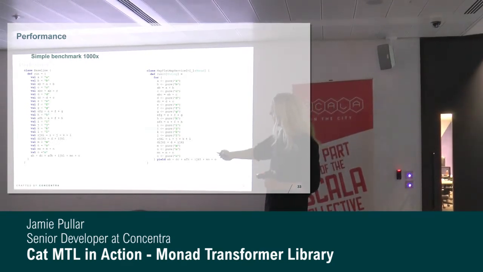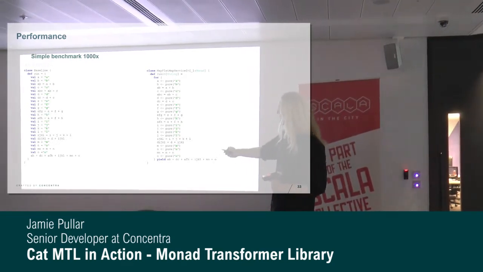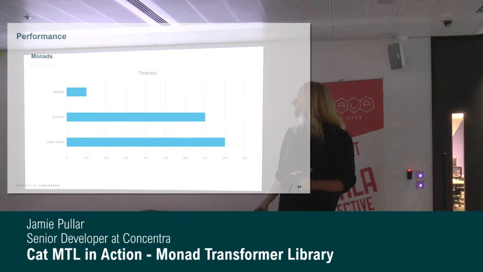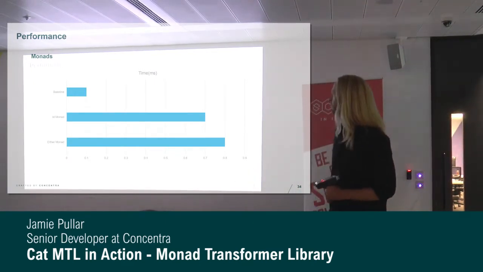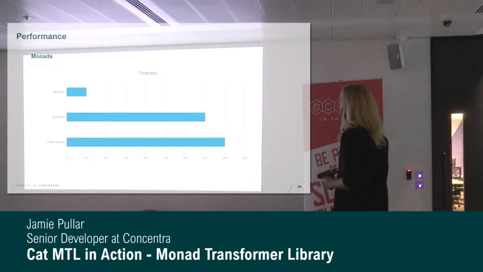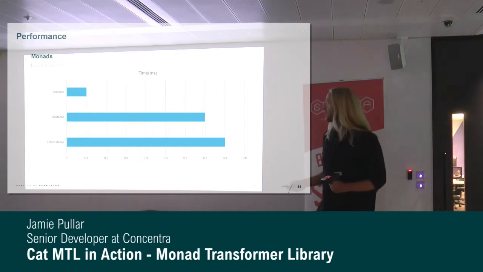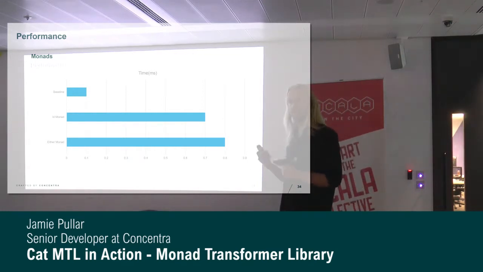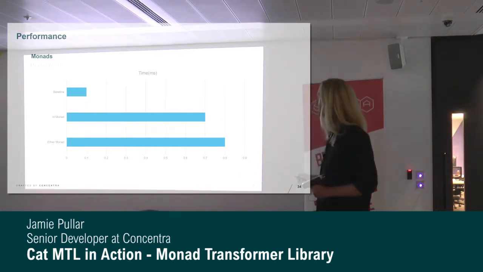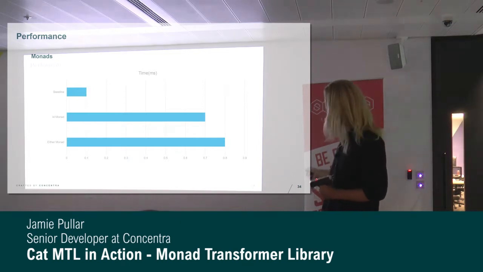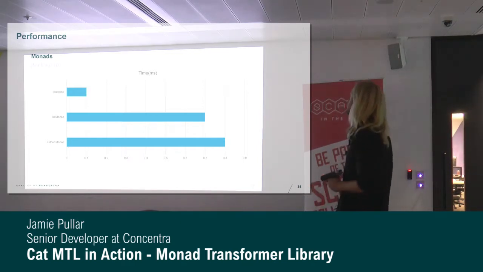So our baseline, the non-monadic case here, running 1,000 times, we get 0.1 milliseconds. Now, looking at our monad case, we see an immediate jump. There is a price to pay, even just using the identity monad, which isn't something that even really exists. But it still has to do some boxing. So there is a cost for this boxing going on.